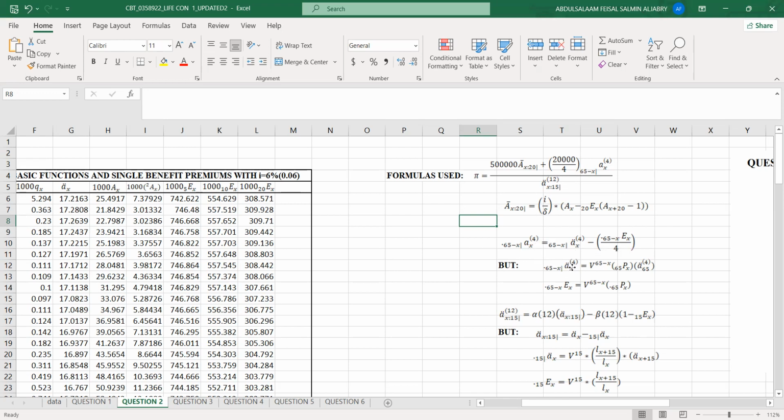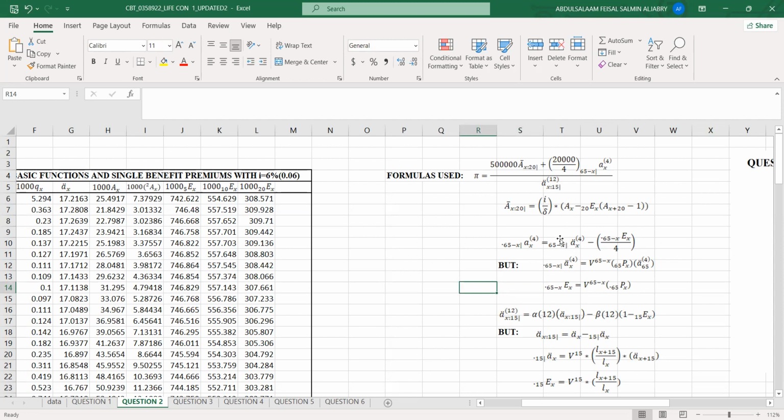The formulas are right here: v to the power 65 minus x, multiplied by 65 minus x p_x, times the temporary life annuity for 65. And this is another formula to get the 65 minus x. After I get these 2, we can get the deferred annuity for 65 minus x.